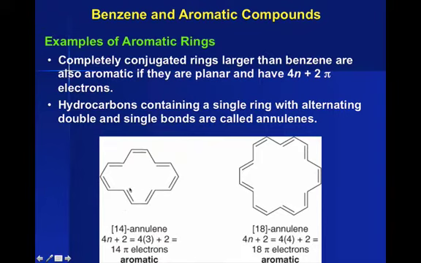If we count up all the pi electrons, we'll see that there's 2, 4, 6, 8, 10, 12, 14. 4n plus 2 equals 14 when n is equal to 3. That's an integer. This is an aromatic compound. Each and every carbon atom has a p orbital. If you build the model, you'll actually find that it lies in a plane. 18-annulene, also the same story.